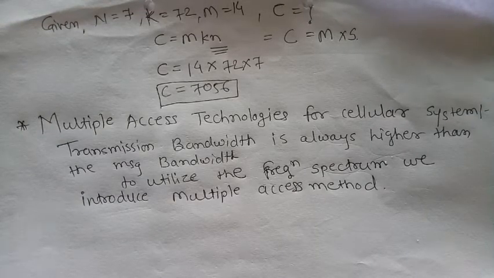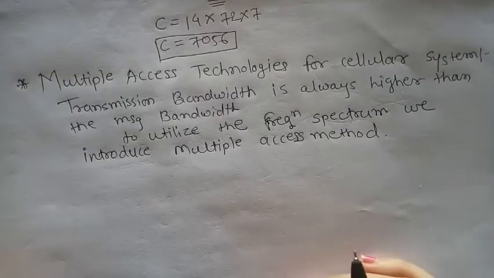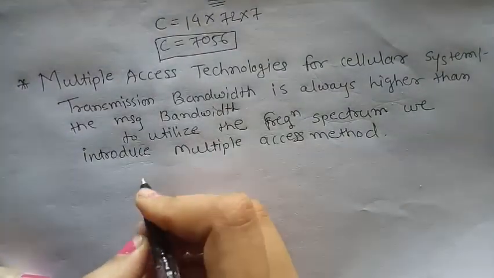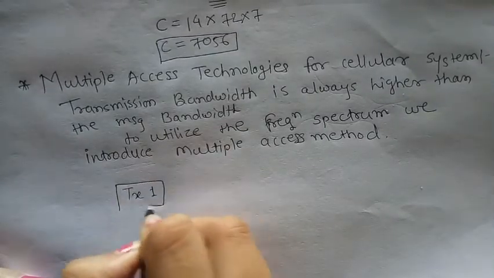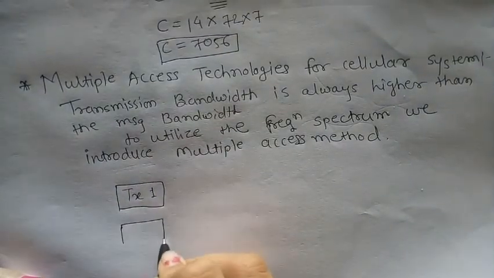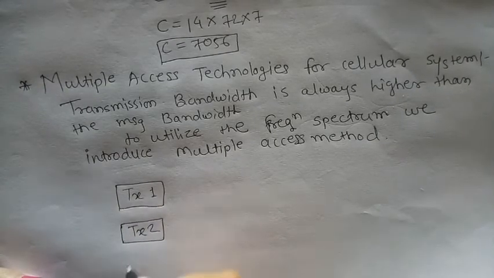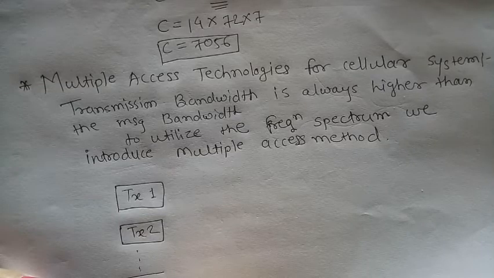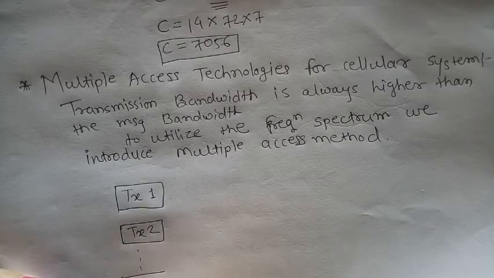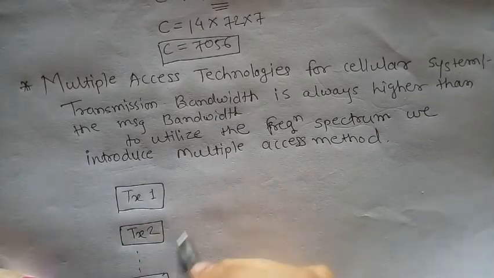Through multiple access it is possible to share the communication capacity of the cellular system among a large number of base stations. There is a block diagram for multiple access technologies. For example, transmitter 1, and since we are using multiple signals, we are using n number of transmitters, 1, 2, 3.